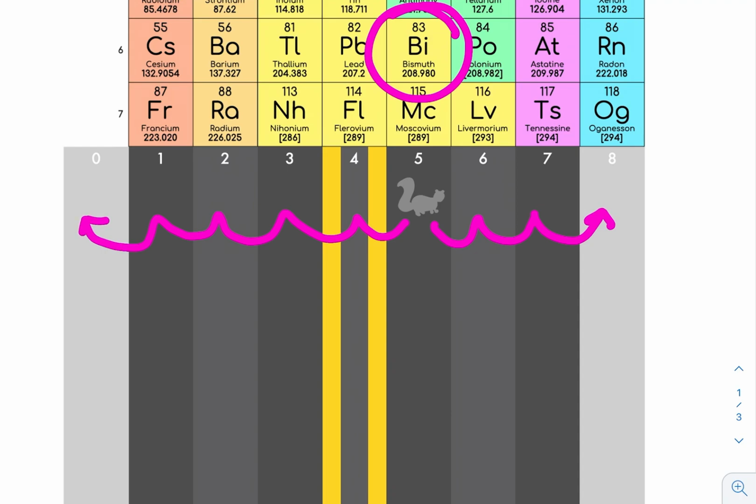What does it mean to go left and right? To go to the left means to lose. So the logical squirrel loses 5 electrons. And to go to the right means to gain electrons. So we would be gaining 3 electrons if we chose to go this way.